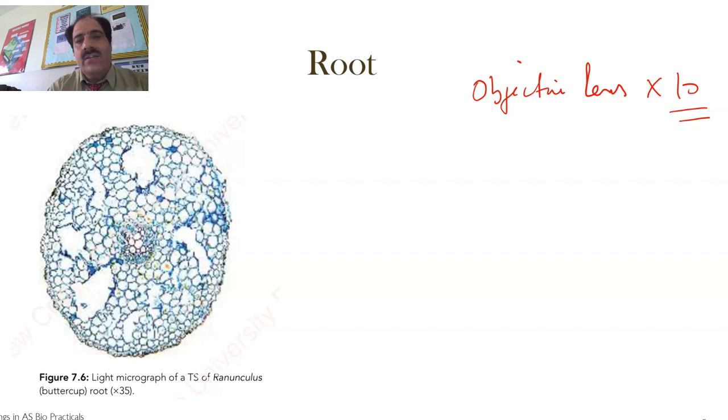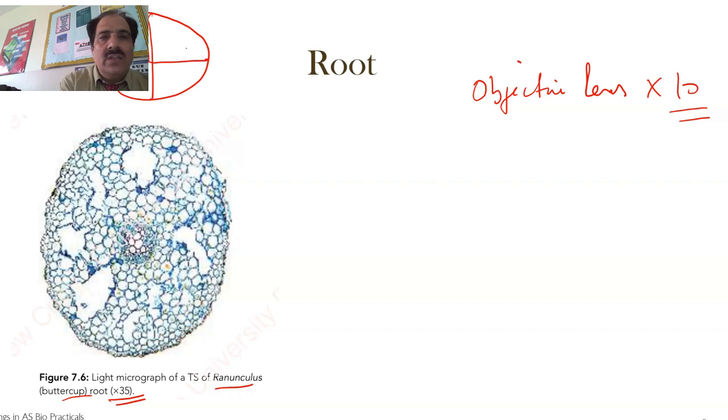For example, I have taken the case of a root over here, ranunculus buttercup root, and it has the magnification of 35 that's given over here. For example, if you are asked to make the plan diagram of this part of the slide only, so they mention that this part is to be made into the plan diagram. That means we have to make the plan diagram of this part only. So I will make the outline first of all.